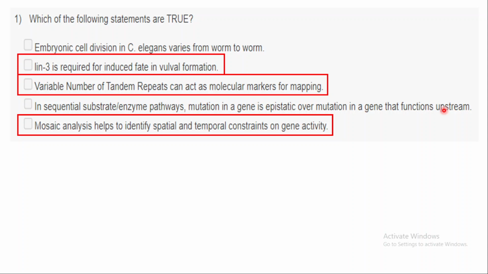Mosaic analysis helps to identify spatial and temporal constraints on gene activity. In mosaic analysis, a cell can have both maternal and paternal copy. That's why it is important. It can be used as an important assay to identify the constraints on gene activity. Let's say X chromosome inactivation is one of the ways in which mosaics can be generated.